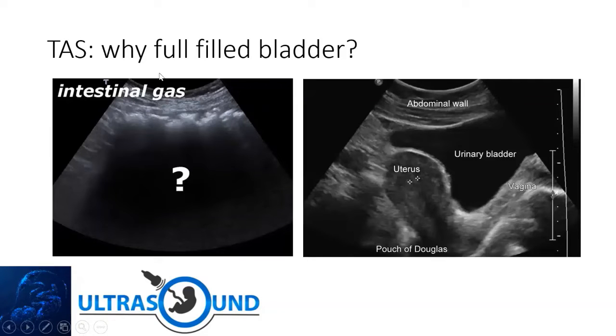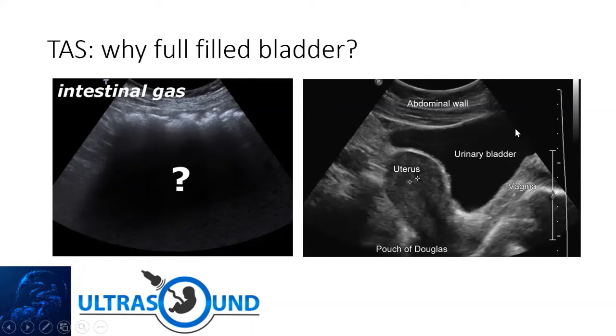This is why you need a full bladder: the bladder helps to highlight the pelvic organs. It also serves as a landmark, as you can see from the picture on your left. Without a bladder window, you can only see intestinal gas and cannot really see the organs behind.